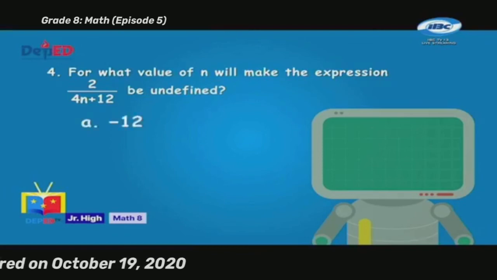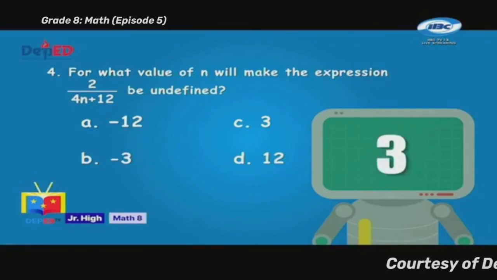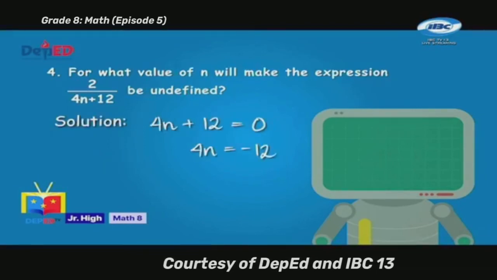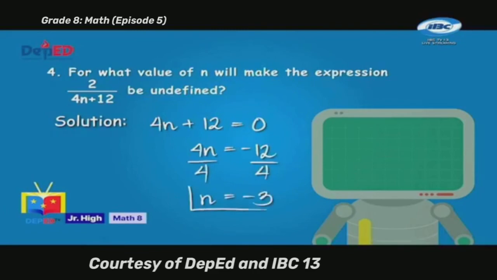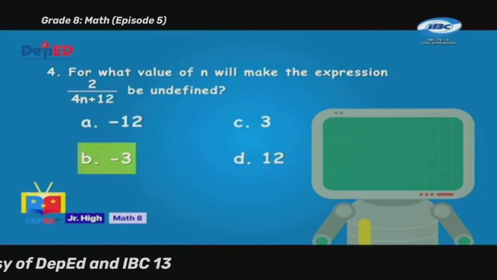Is it A, -12, B, -3, C, +3, or D, +12? The answer is letter B, -3.